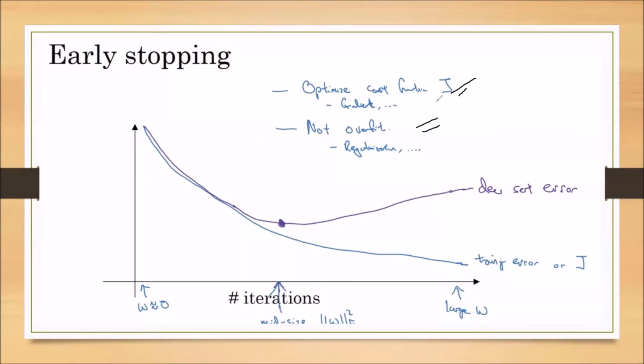For the optimization, we use gradient descent. For the overfitting problem, we go for regularization. But here, you are trying to address the overfitting problem and the optimization of J at a single point.